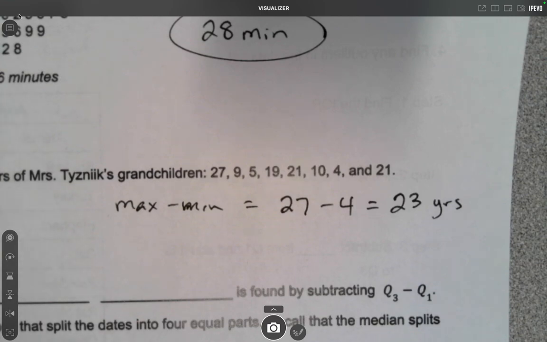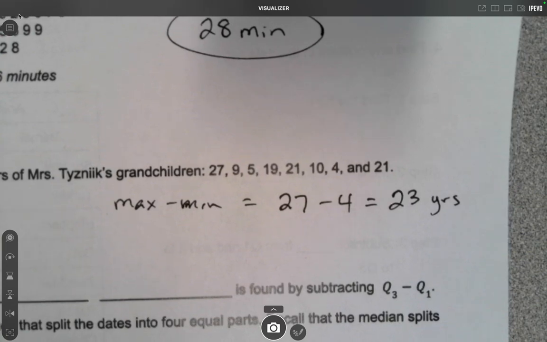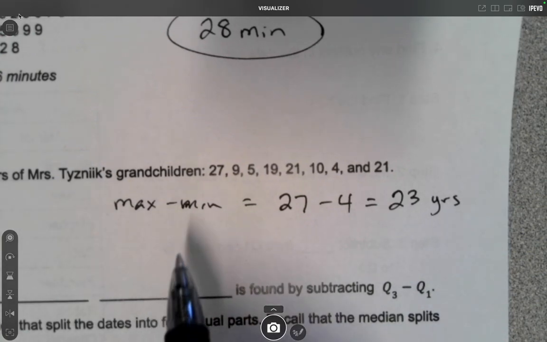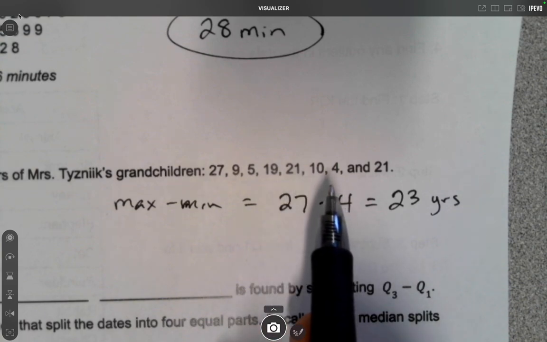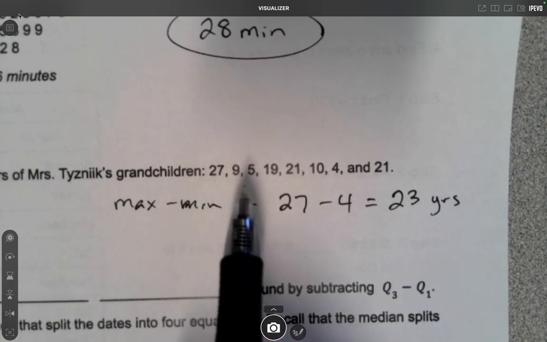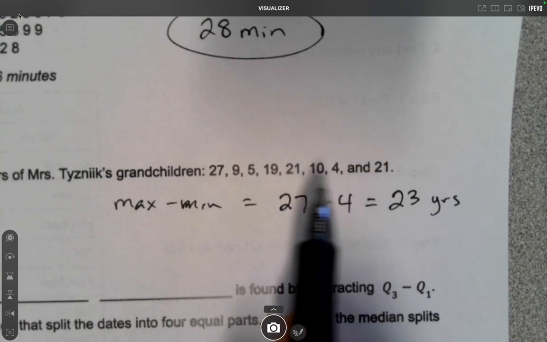Now, one thing I want to emphasize, I think this is a good example to do it on, is the range gives you no information on how high and how low the numbers in the data actually are. It just tells you how far apart they're spread out. Because at this moment in time, her oldest grandchild is 27, her youngest is 4. 20 years later, they're all going to be 20 years older than what you see here.